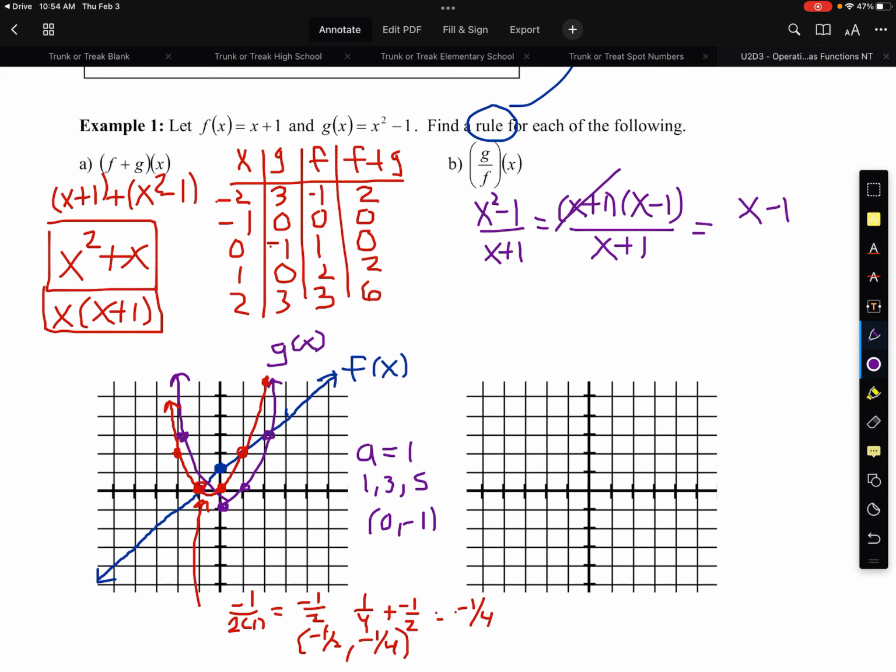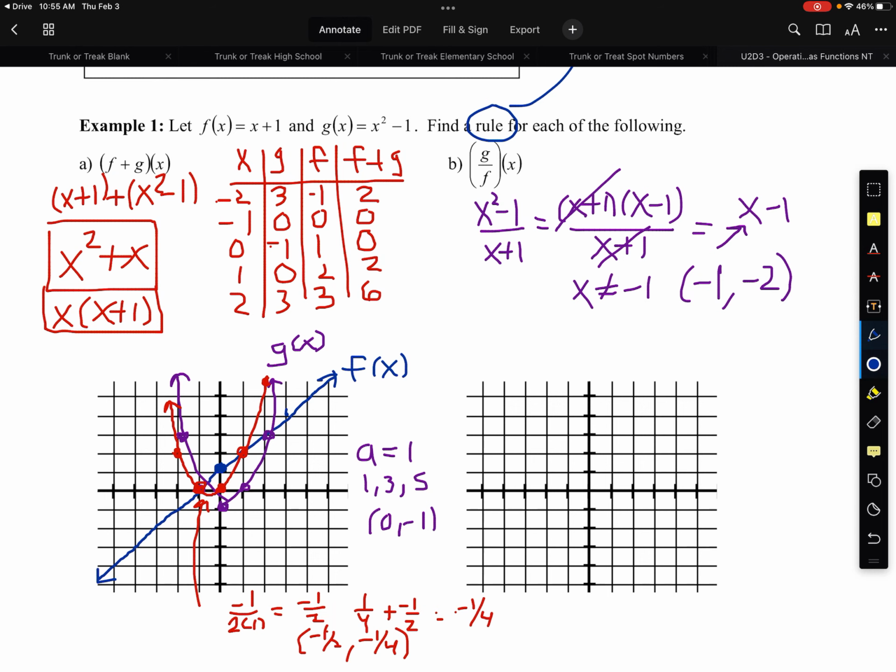The fact that we canceled x plus 1 tells us that the restriction of negative 1 is a hole. If we plug into our equation, negative 1 minus 1 is negative 2, so we have a linear equation with a hole. This is a little easier to graph because in the end it's just a line with a hole if we do division.